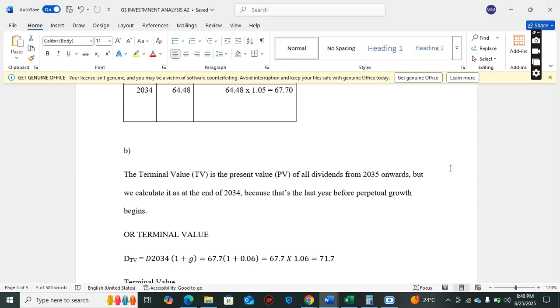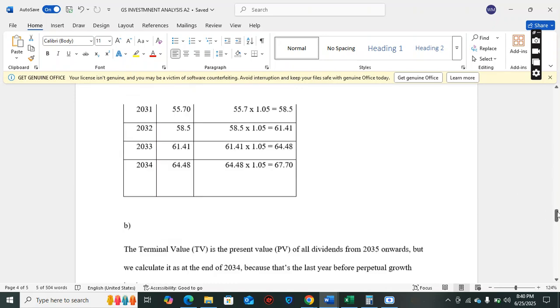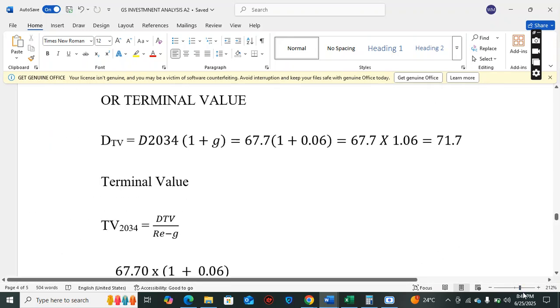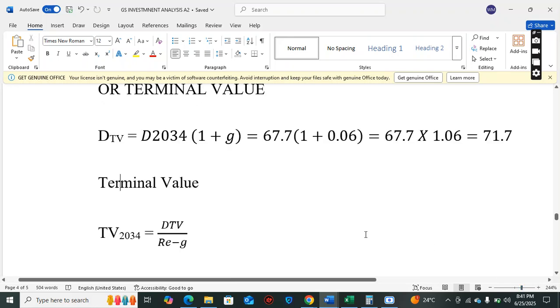The formula for getting the terminal value is this one here. DTV is just the expected dividend for the year for the terminal value.